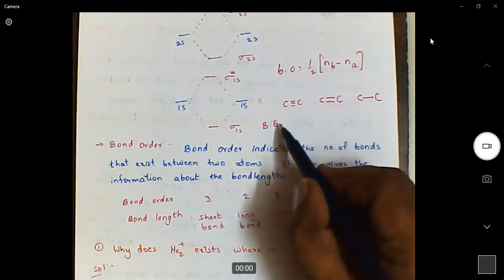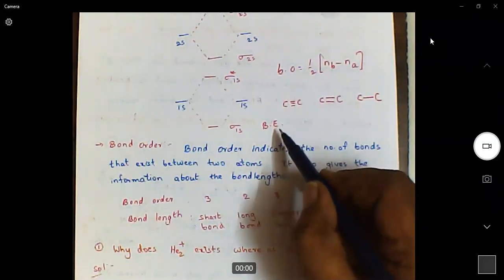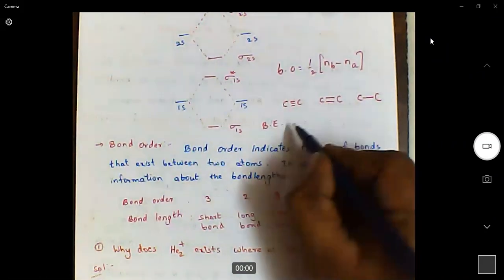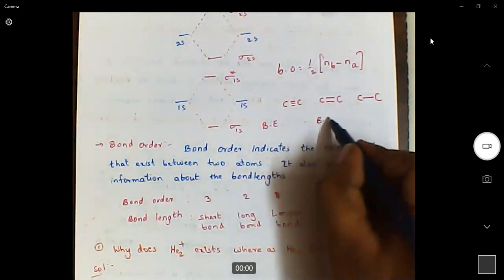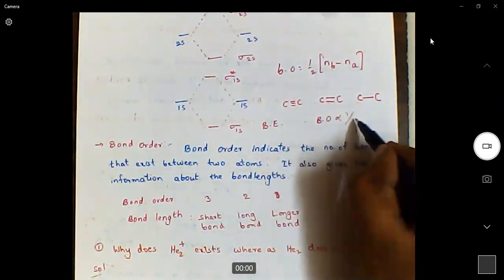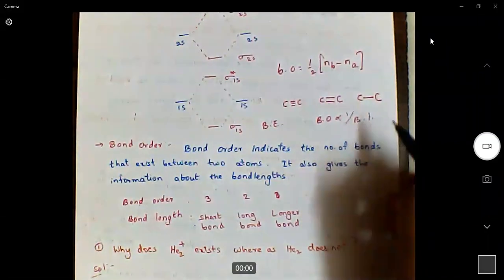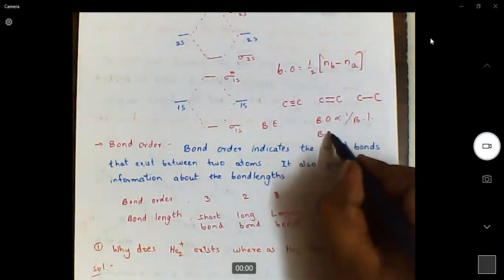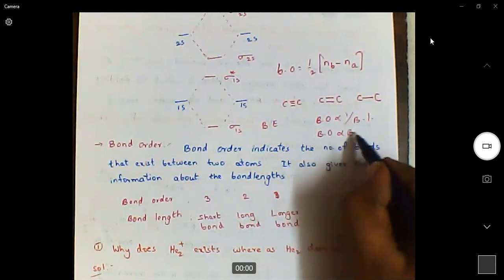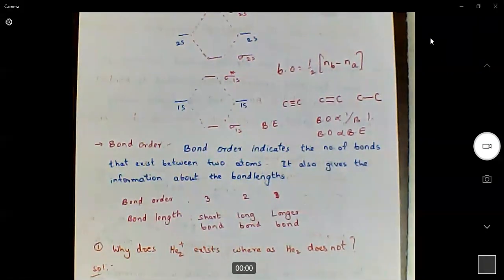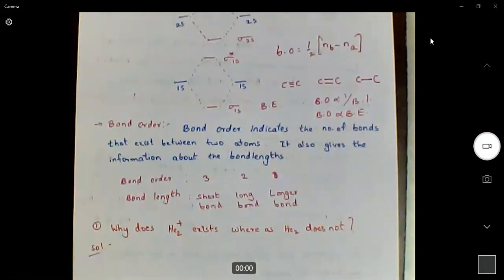So bond order is directly proportional to bond energy. Bond order is inversely proportional to bond length, whereas bond order is directly proportional to bond energy. Remember this. Based on these, we will practice some problems.